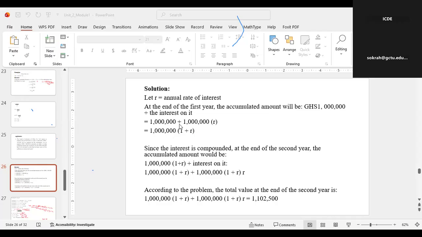If I factorize this stage, 1 million comes out. This will be left with 1, and here it will be left with R. So you have 1 million into bracket 1 plus R. That is the first year. So the principal for the first year becomes 1 million times bracket 1 plus R. Do you understand up to this stage?